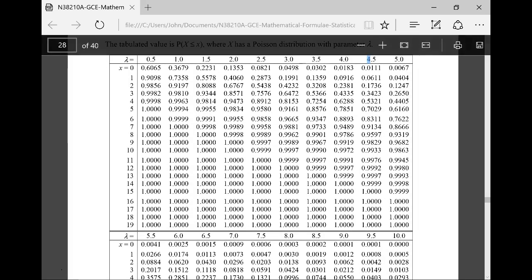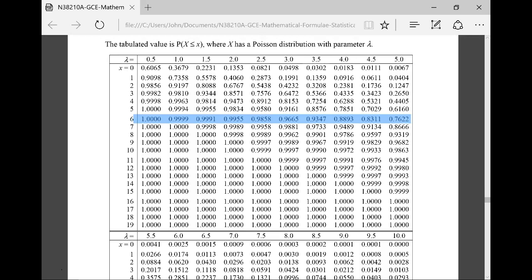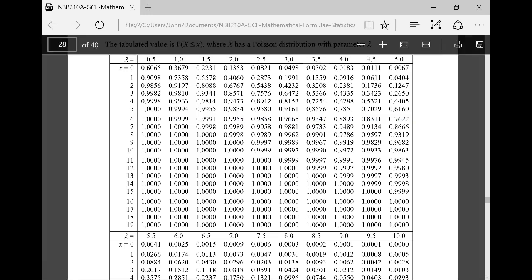Now we're looking at the upper tail. So we want the first one that's below 10%. Now this would be above 10%, this number here. That's saying the probability that x is less than 6 is 0.8311. So the probability that it's more than or equal to 7 will be greater than 10%.